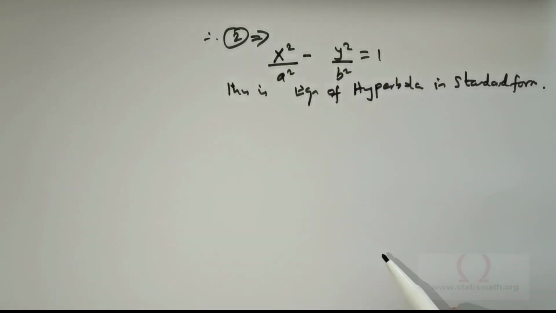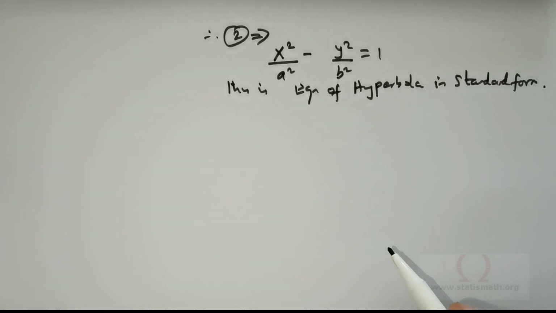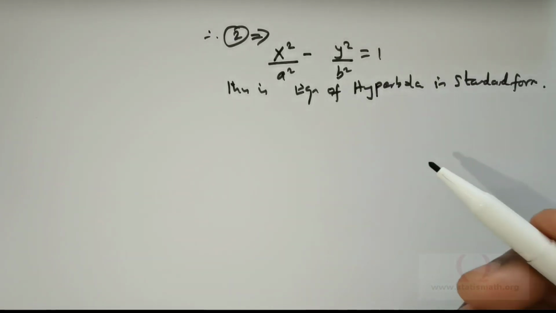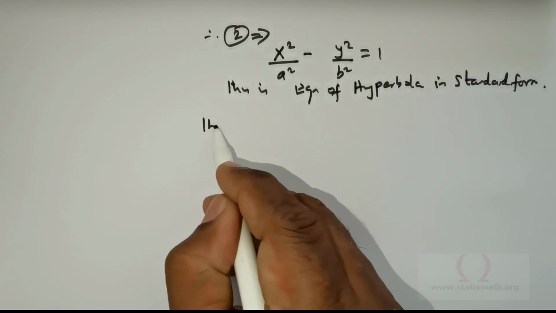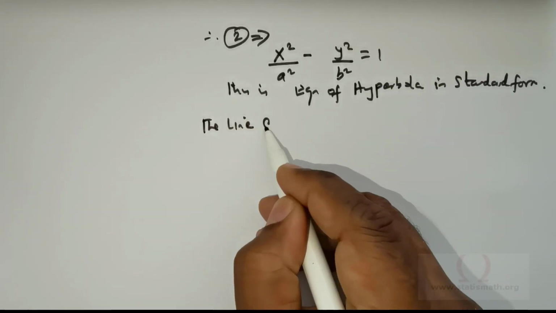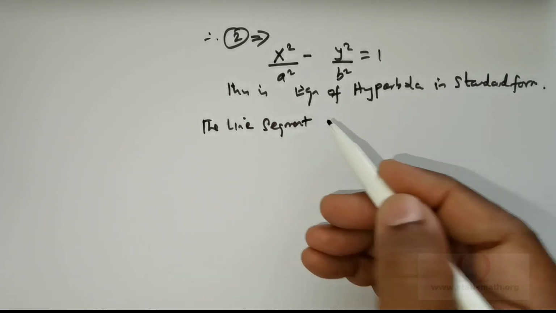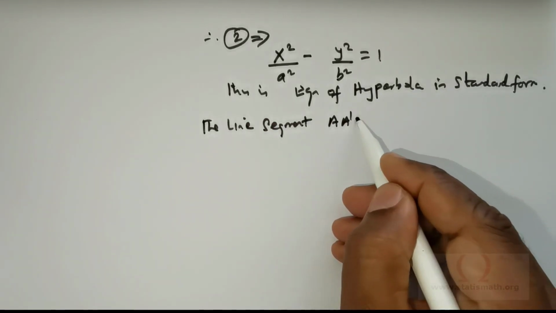Of course, I have already discussed with you the terms, the vertex. Let me write that down: the line segment AA dash has got a name.